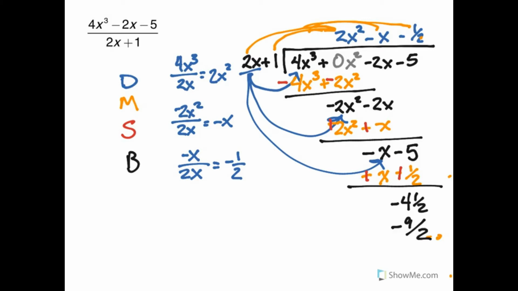That's the remainder. So the quotient is 2x squared minus x minus 1/2 minus 9/2 over 2x plus 1.